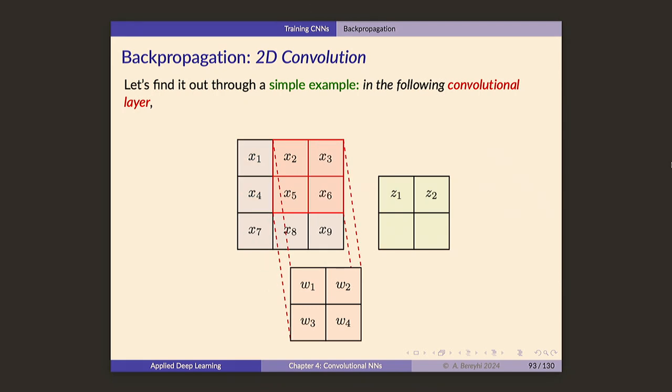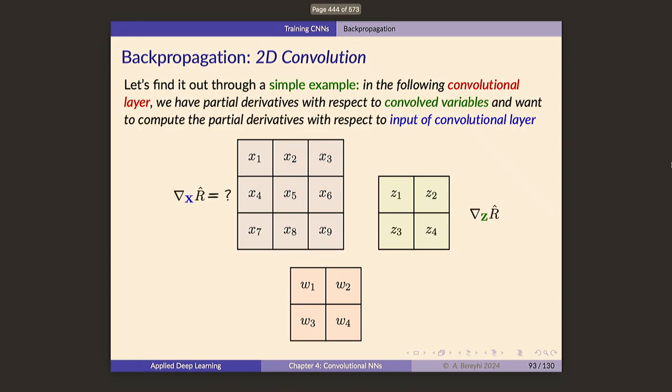If I want to write down chain rule for x1, it means that I want to compute the partial derivative of r hat with respect to x1. So how can I use what I have here at the output, that gradient with respect to z, in order to compute that one? Any idea?